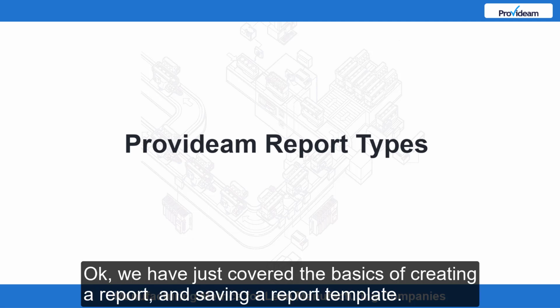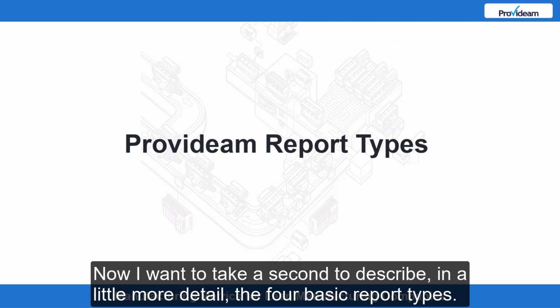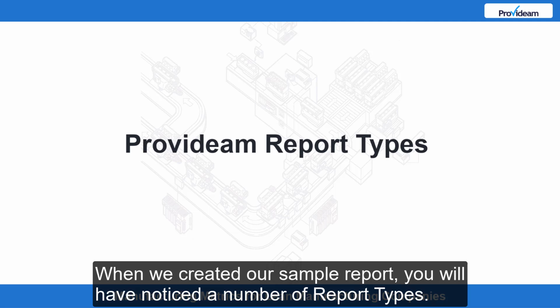Okay, we have just covered the basics of creating a report and saving a report template. Now I want to take a second to describe in a little more detail the 4 basic report types. When we created our sample report, you will have noticed a number of report types.